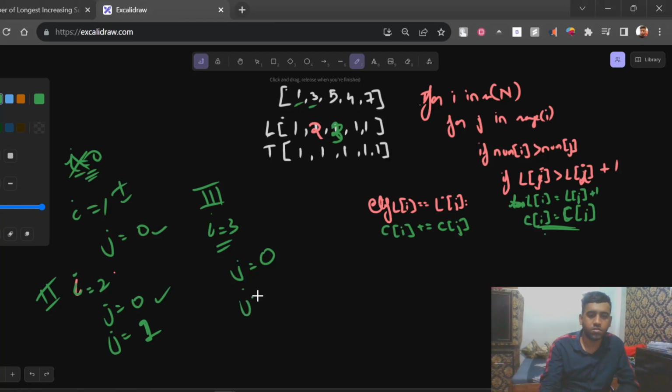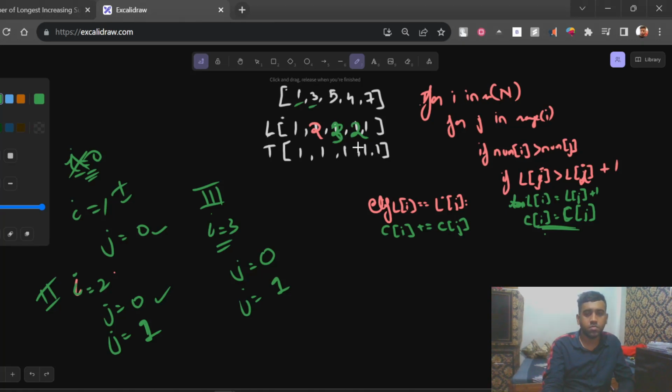So we'll run for j equals 0 and j equals 1, and what is going to happen is that this will turn to 2, because 4 is greater than 1, and C remains the same.